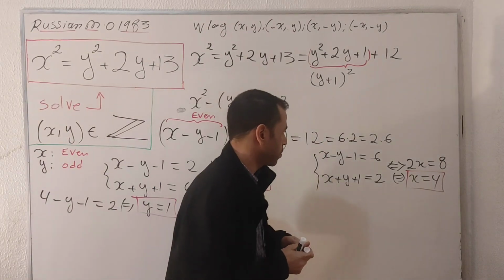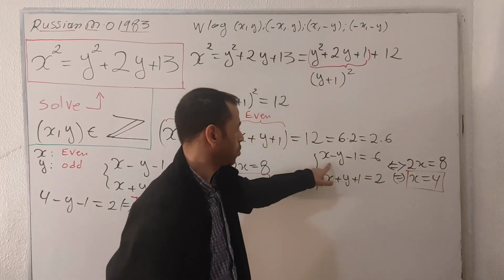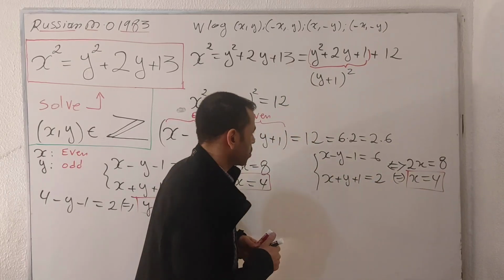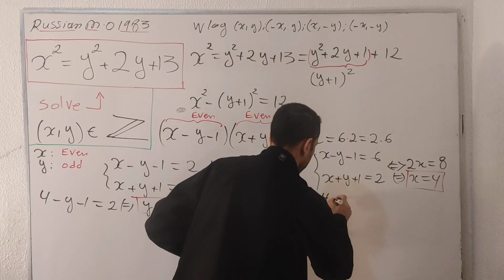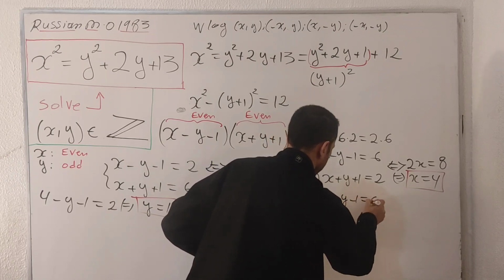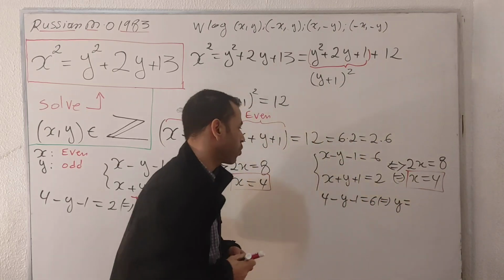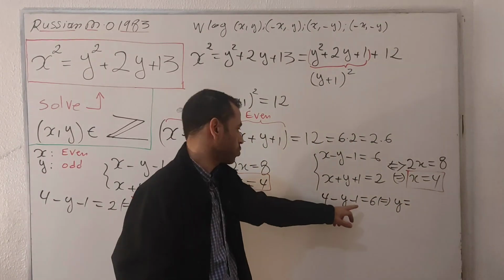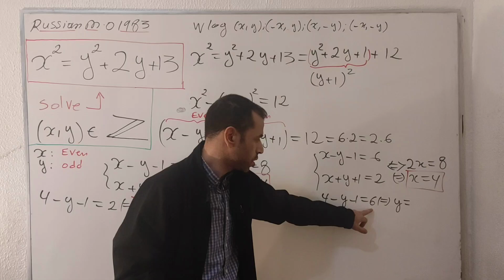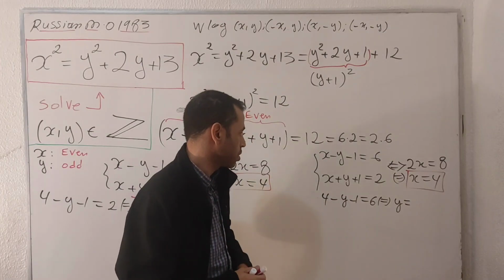For this one, by plugging 4 into the first or second equation, we'll have 4 minus y minus 1 equals 6. By moving y to the right, I will get 4 minus 1, which is 3, 3 minus 6, which is minus 3. That means y equals minus 3.